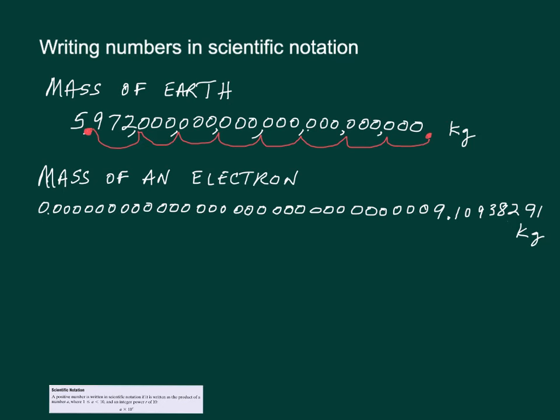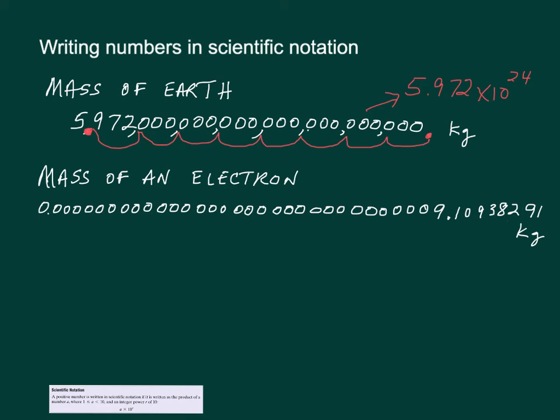The way you write scientific notation is by having a number between 1 and 10 times some power of 10. So another way to write this big long number would be 5.972 times 10 to the 24th power.